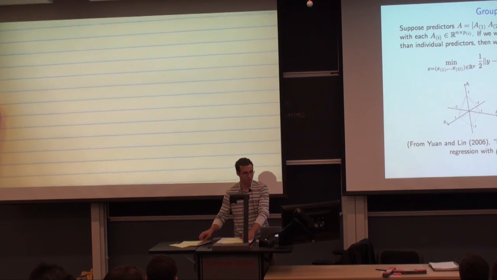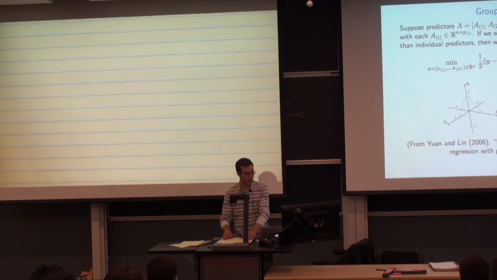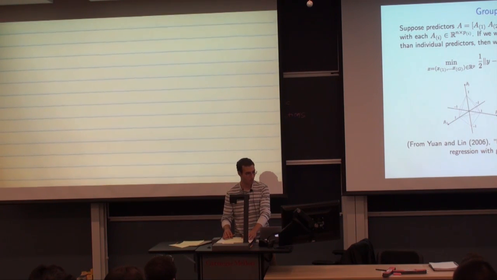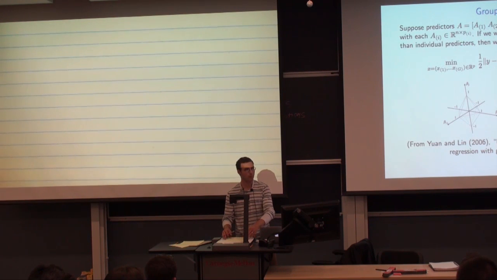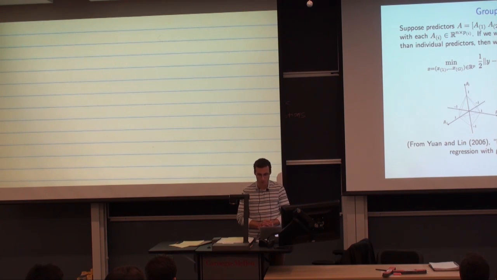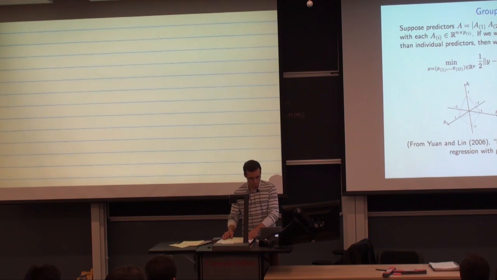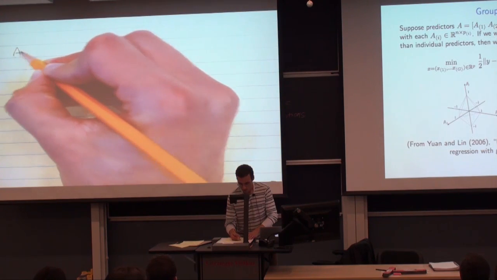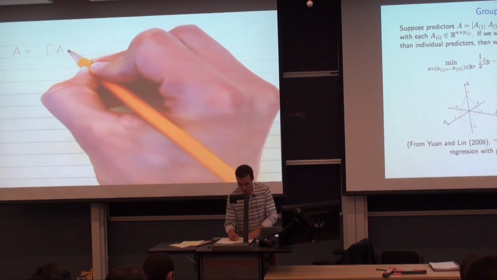Here's another example. This one is a nice example of how we can confirm some kind of intuitive behavior we expect to have in the solution by looking at the KKT conditions. So I'm also in the regression setup, but now my design matrix is split up into a bunch of groups.